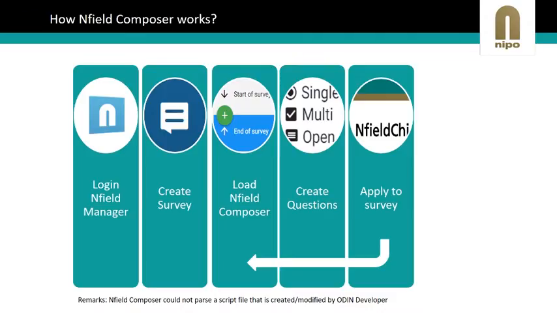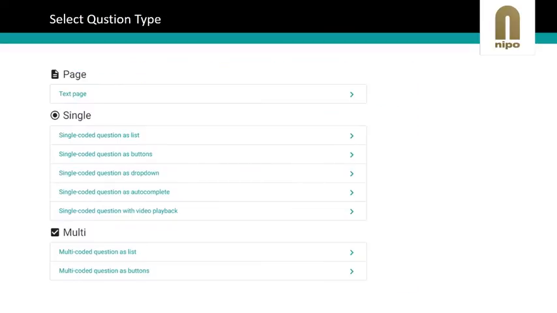Well, as you can see here, this is a part of the questions you will have available in the Composer. To start working, you just select a question type. You will see there's an icon for every type of question.